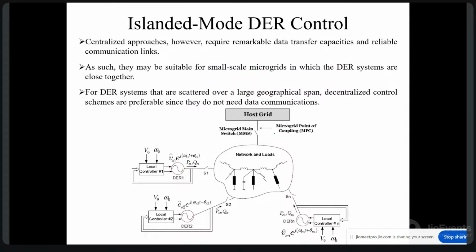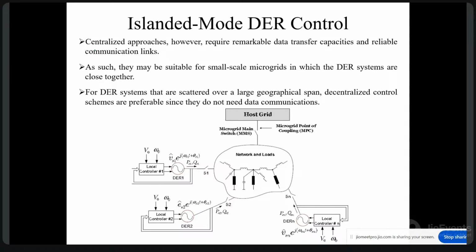Now, there are different ways of controlling the microgrid. We may have a central controller, and its instructions will be followed by different distributed controllers. Or we can have different strategies without any centralized control, that is, decentralized approaches.